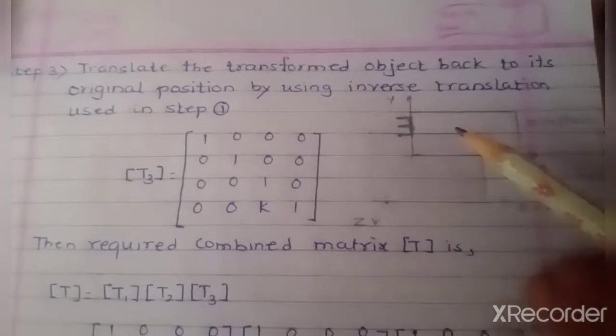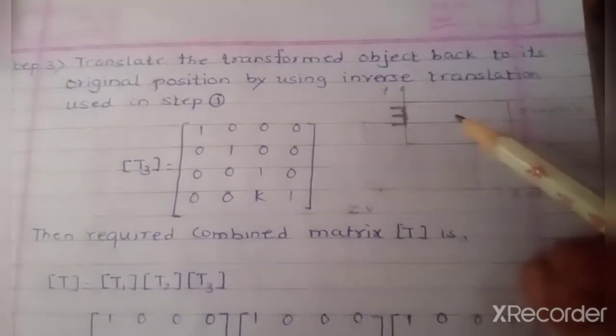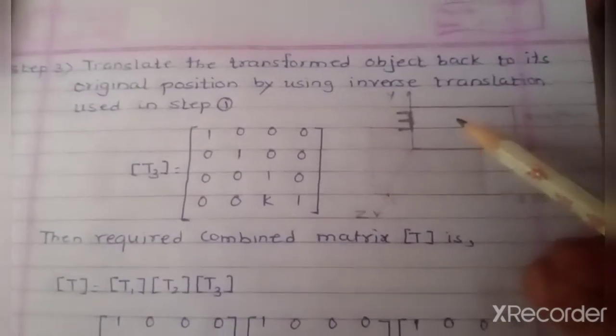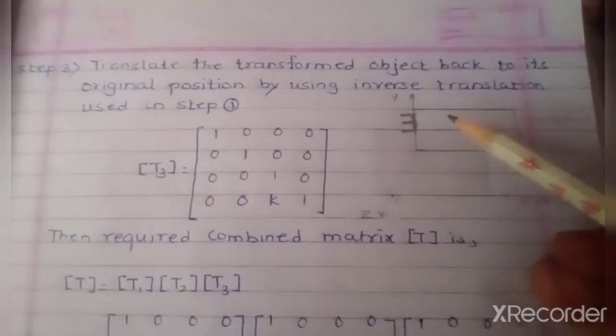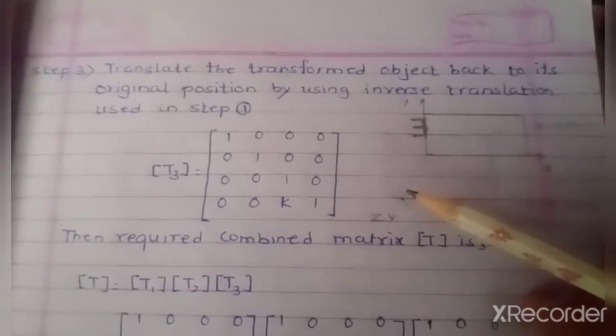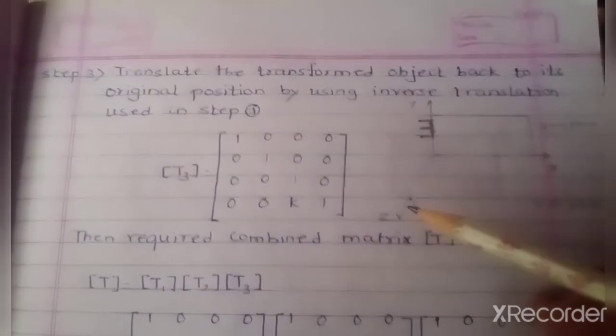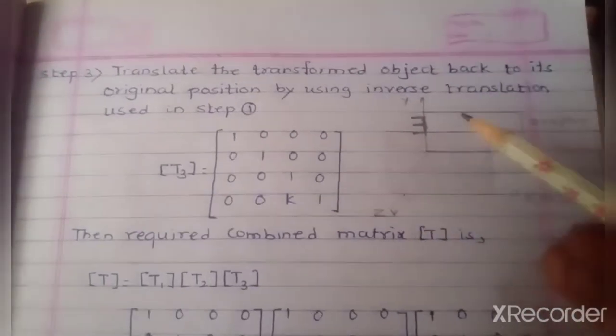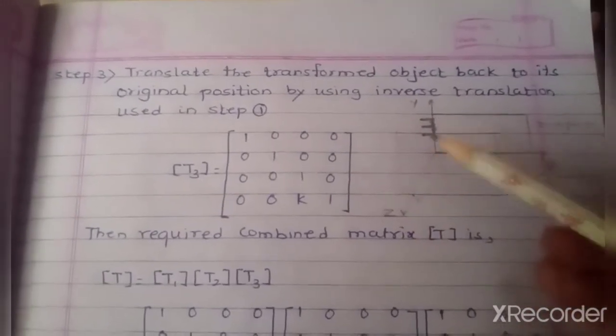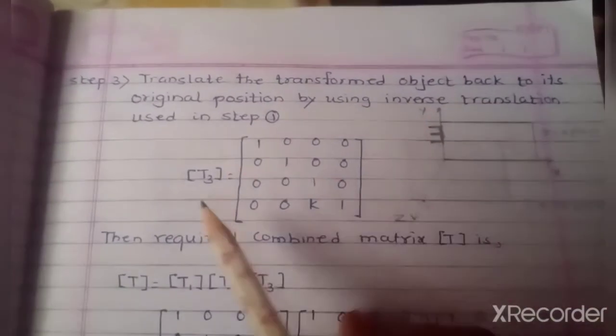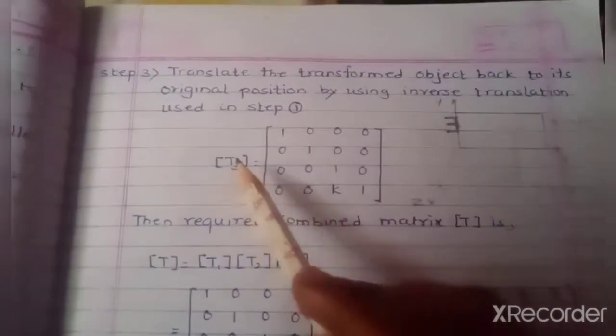In step 1 we went towards z equal to 0 by minus k, so now we go in the opposite direction by k units. So again we follow the inverse translation, and the object is also translated. Inverse translation of T1 means what?